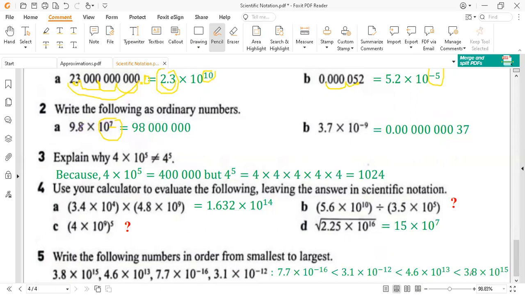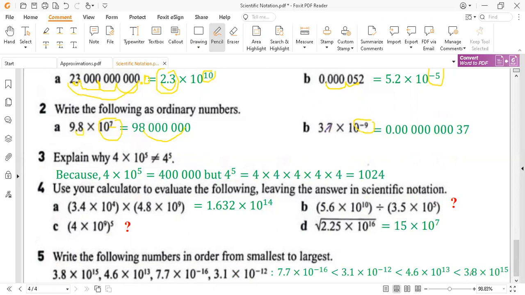For the first one, we have 9.8, and we obtain 98, and 6 powers remain, so 6 zeros to the right. And when we have a negative exponent, we want to minimize, to go to a smaller number.